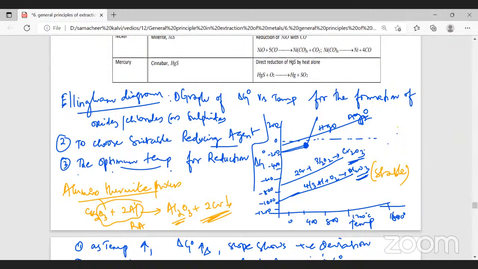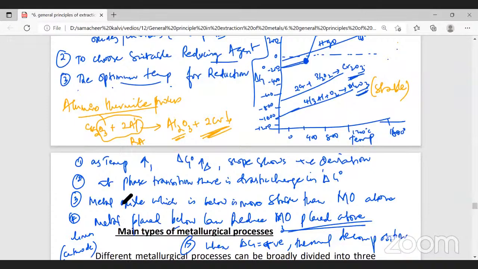Any metal which is placed below can reduce the metal oxide which is placed above. For example, if I have magnesium here, magnesium can be used as a reducing agent. But magnesium boils away, becomes vapor at 800 degrees or 1000 degrees Celsius. Therefore, magnesium cannot be used. Did you follow what I'm telling?